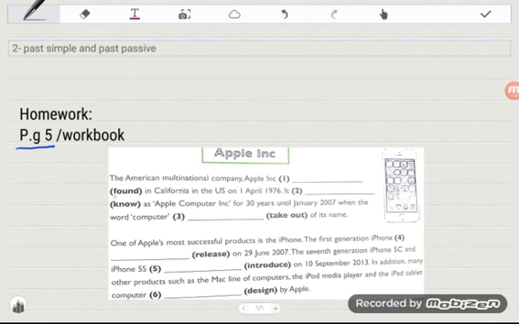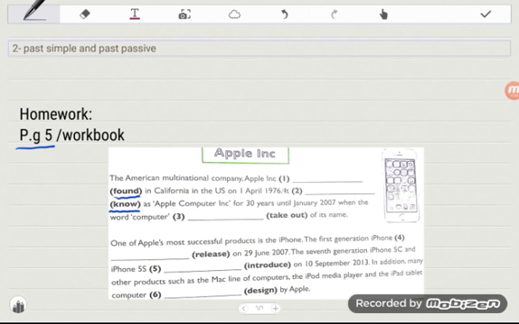Instead, you have the main verbs between brackets, as you can see here, but these verbs have to be transferred into past passive. So you have to read each sentence, understand exactly what is the object, and then if we have a subject... if we don't have a subject, then right away the sentence is past passive.